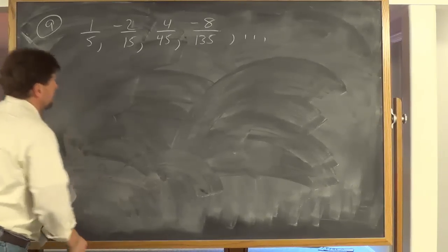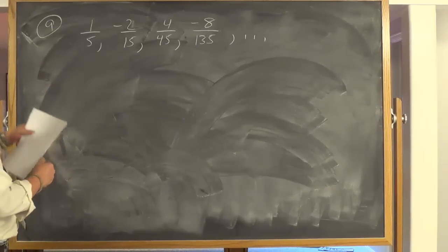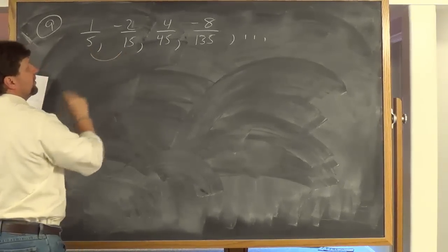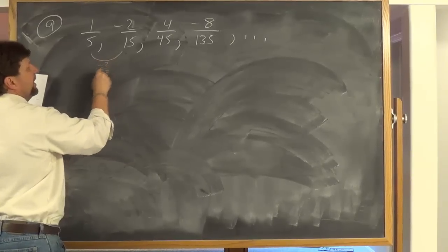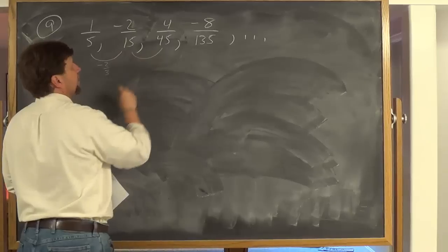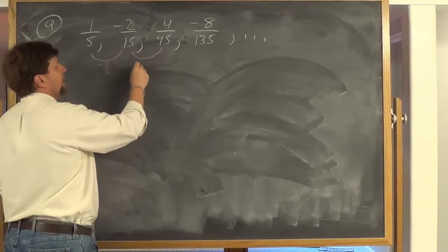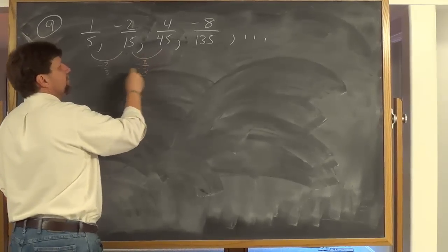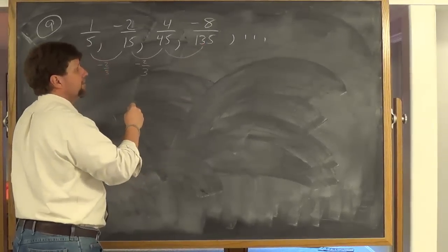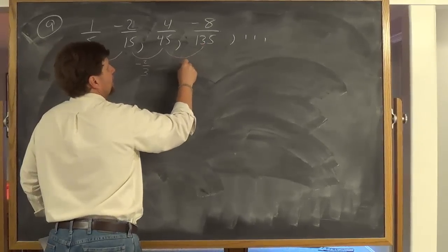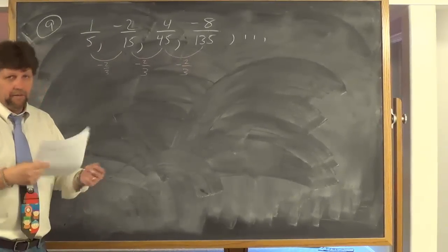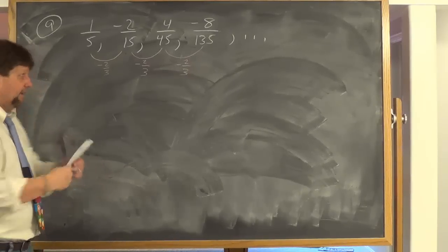Going from this term to this term, it looks like I'm multiplying by a negative 2/3. And again from this term to the next, and again to the next, we're multiplying by a negative 2/3. So it is a geometric sequence. I told you that in the directions, but I know it now.